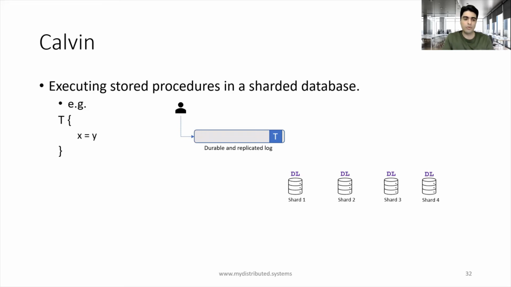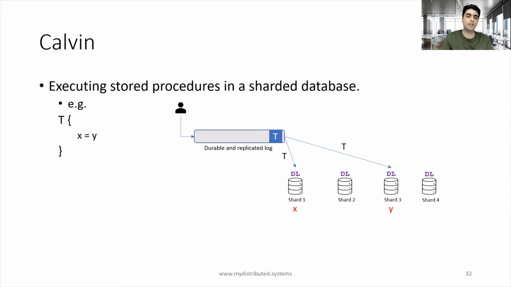Now suppose X and Y are hosted by two different shards. Suppose Y is hosted by shard 3 while X is hosted by shard 1. Because two shards, shard 1 and shard 3, are involved in this transaction, we send the transaction to both of them.